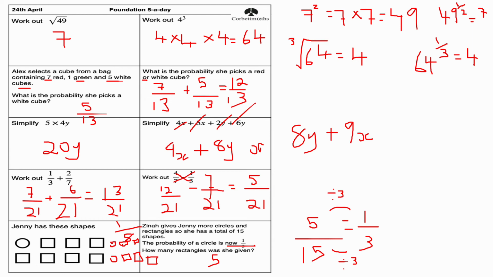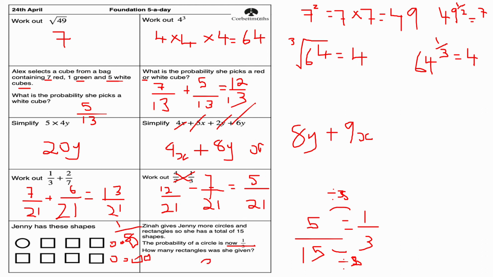No, wait, sorry. What did I do here? I'm meant to be dividing it by 5, sorry. I think I made a mistake here. It should be adding 4 extra circles. 1, 2, 3, 4, 5, 6, 7, 8, 9, 10, 11, 12. And then we're going to add 3 more rectangles.